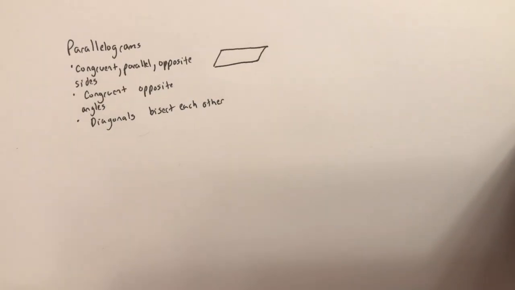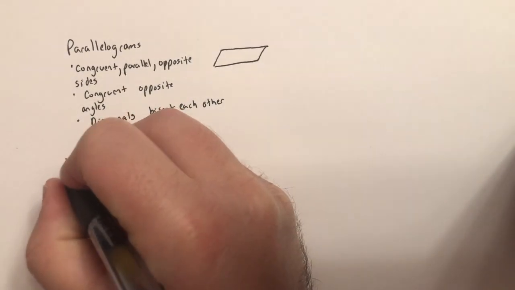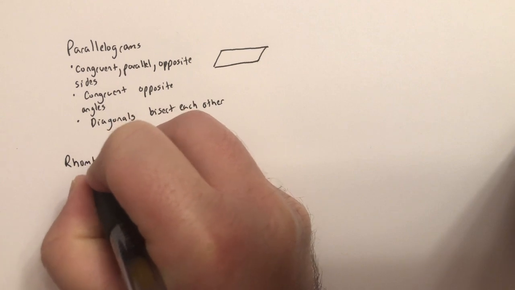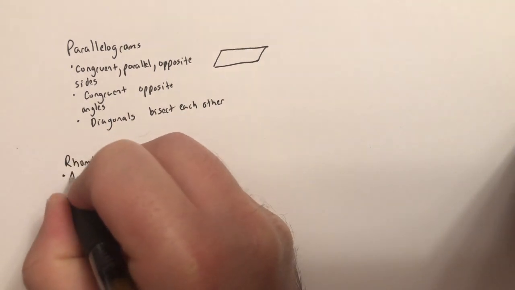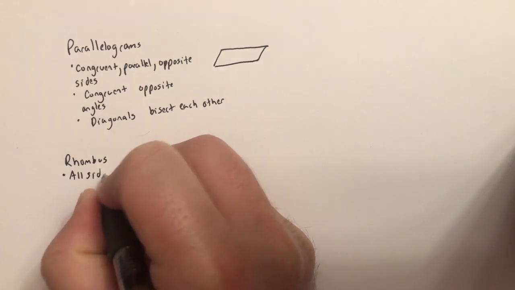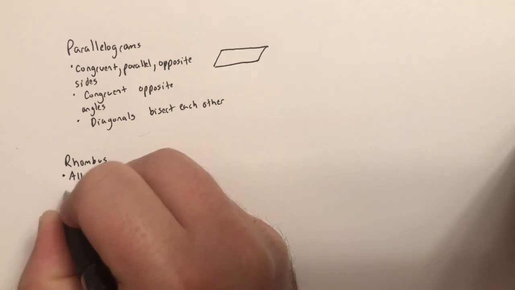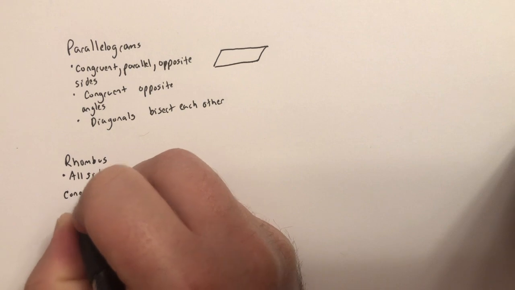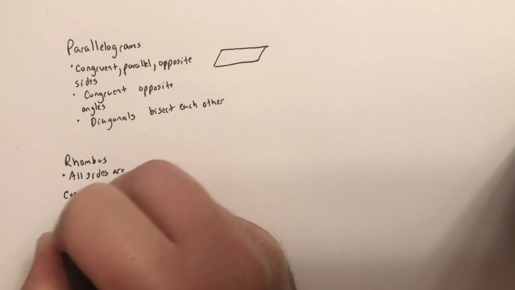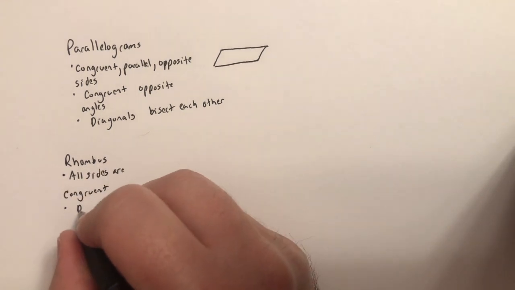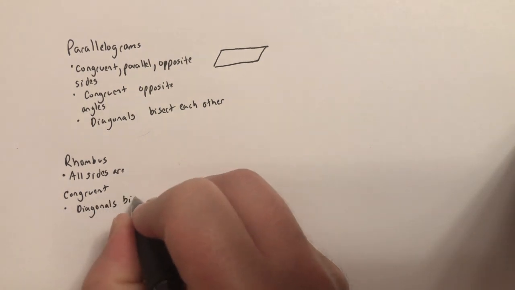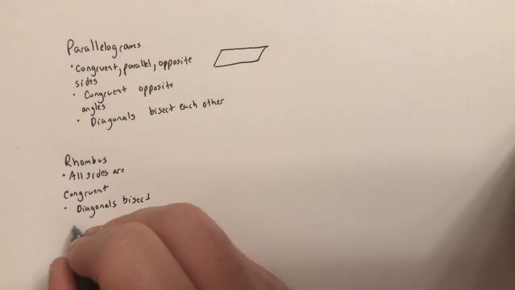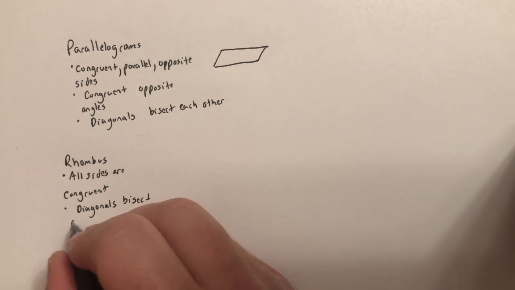A rhombus is a type of parallelogram where all sides are congruent and diagonals bisect opposite angles.